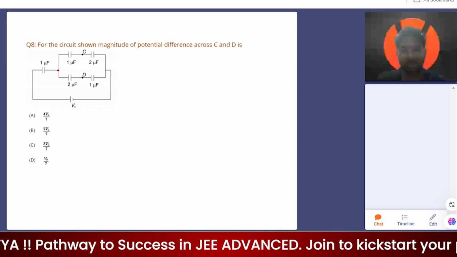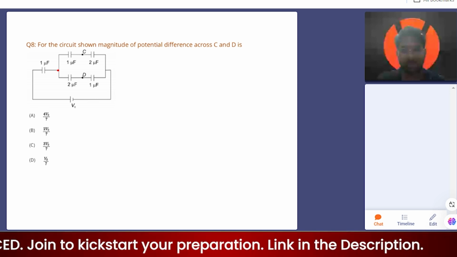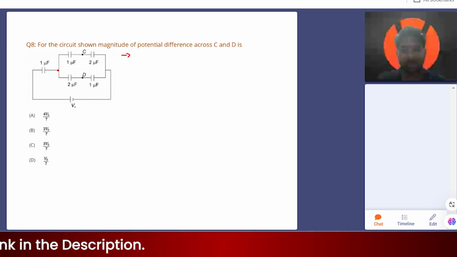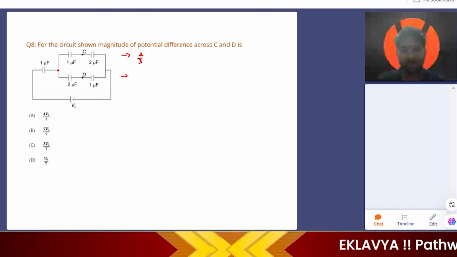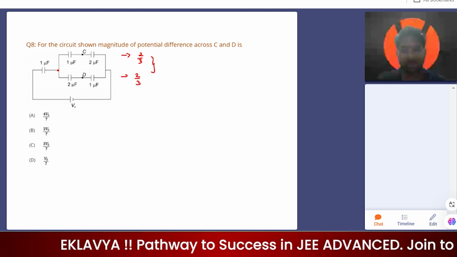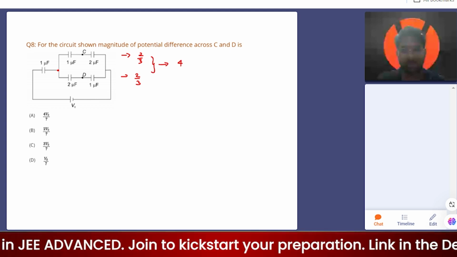So first I'll find the C equivalent. That means the upper branch 1 and 2 microfarad, they are in series combination. The upper branch will turn out to be 1 into 2 by 1 plus 2. That will be 2 by 3 microfarad. The lower branch also will turn out to be 2 by 3 microfarad. These two combined together will be in parallel combination.